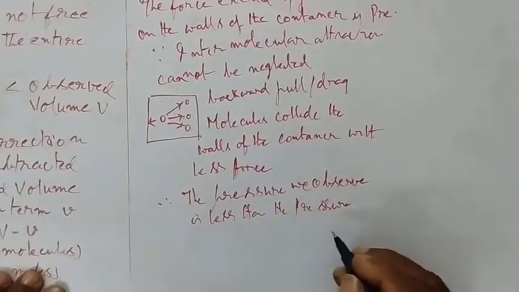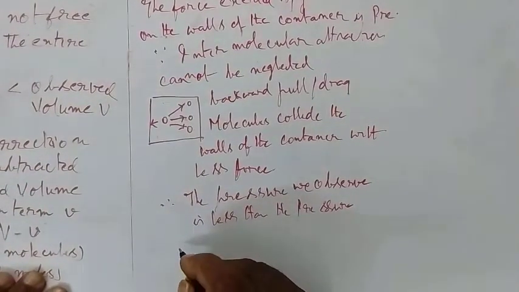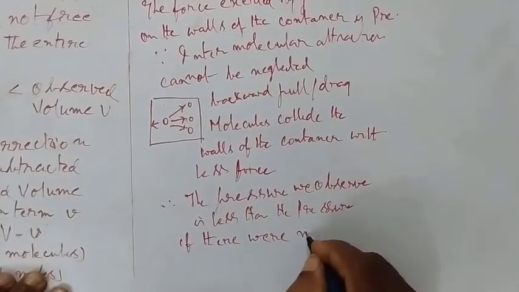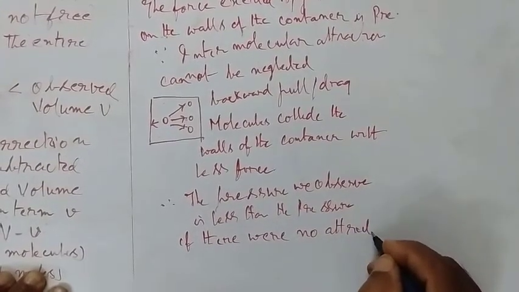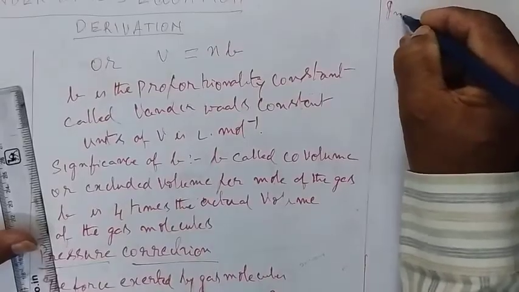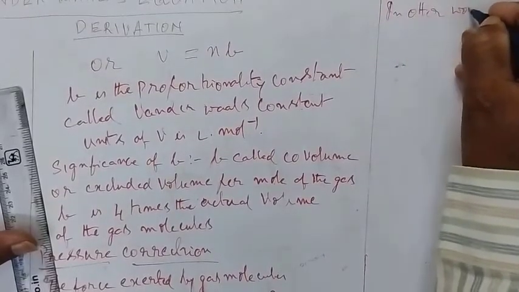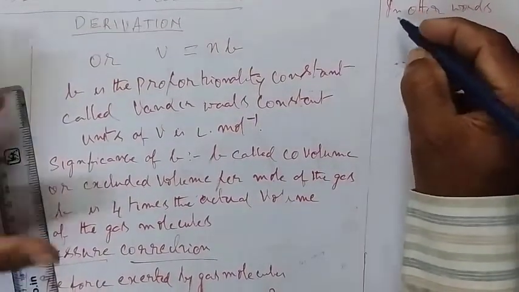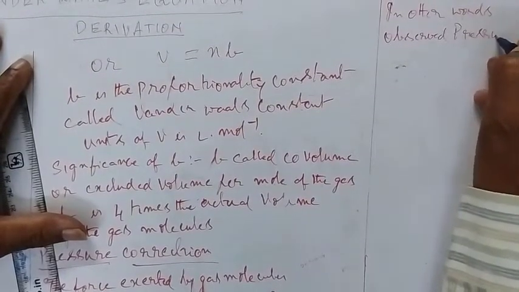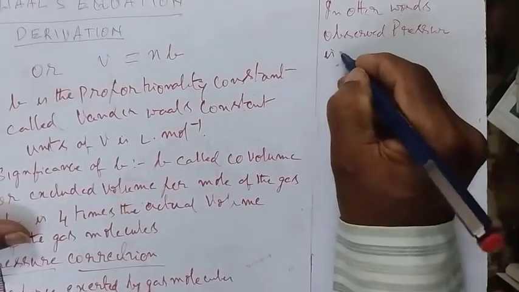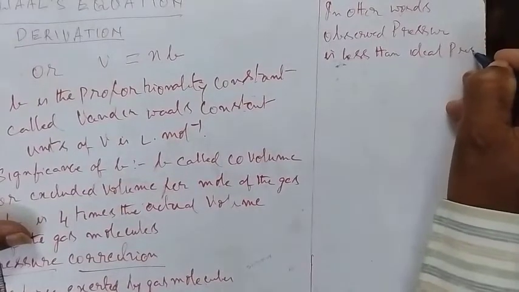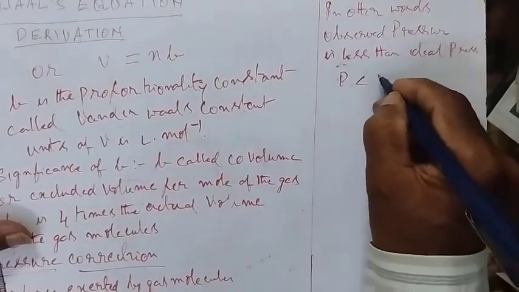So the pressure we observe is less than the pressure if there were no molecular attractive forces, or in other words, the observed pressure is less than the ideal pressure. Observed pressure is less than ideal pressure. That is, P is less than Pi.